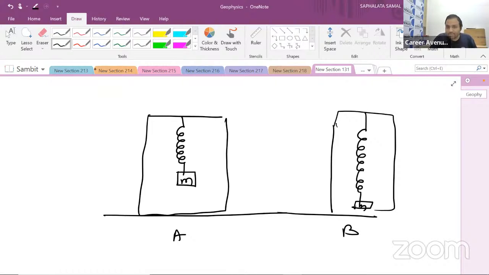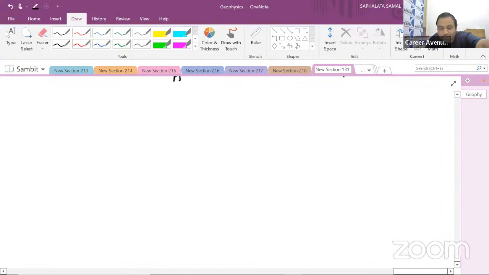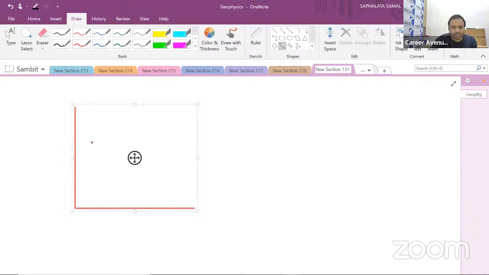But in the unstable gravimeters, there is a restoring force. What is the restoring force? For example, let's say we have different gravimeters. I'm not going into detail because we have lots of other things to cover. Suppose something like this I have mentioned. This is a spring attached over here.